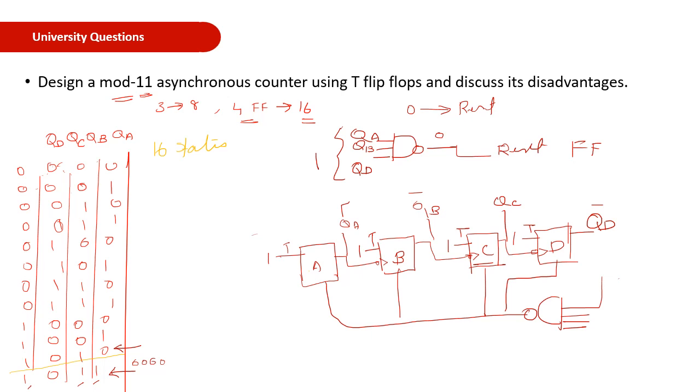Once these three inputs, QD, QB and QA, become equal to 1, the output of your NAND gate will be 0, and that will reset all 4 flip-flops. So the state will become 0000. Then when the next clock pulse comes, it will change the state to 0001, and this cycle will continue. That is how you will design the mod 11 counter.